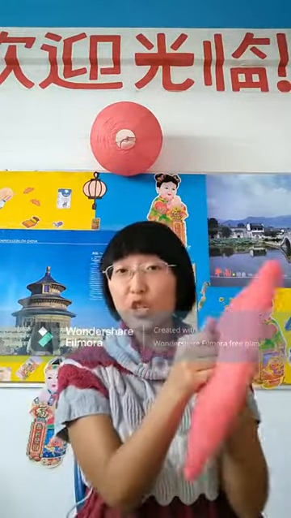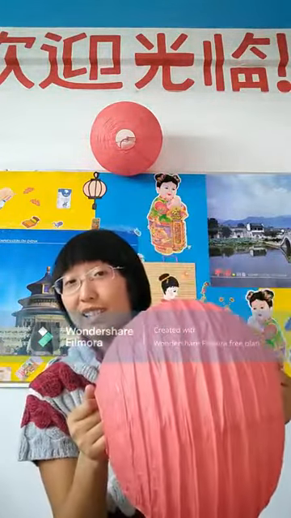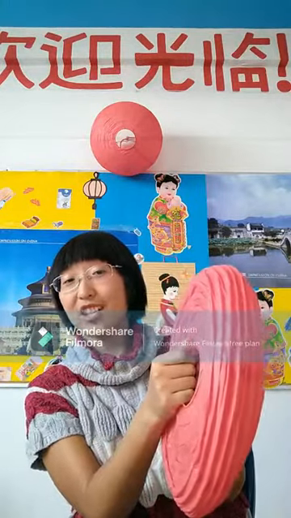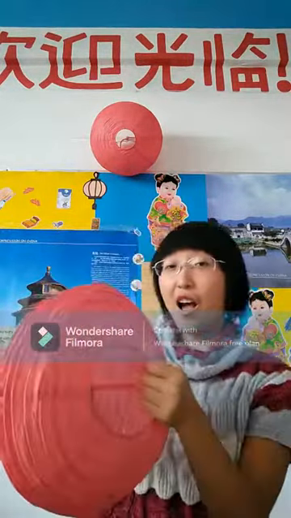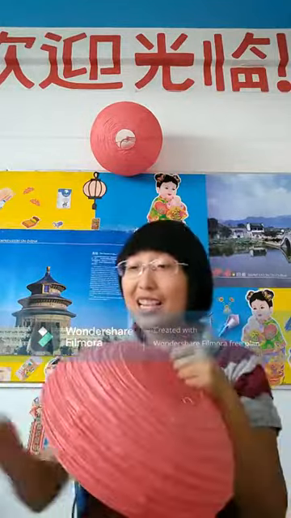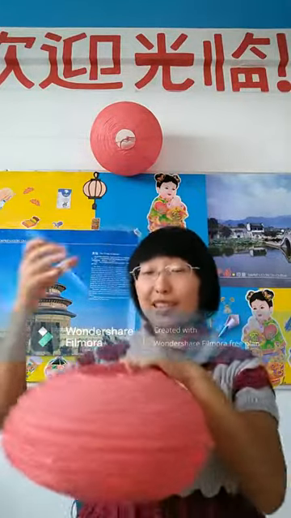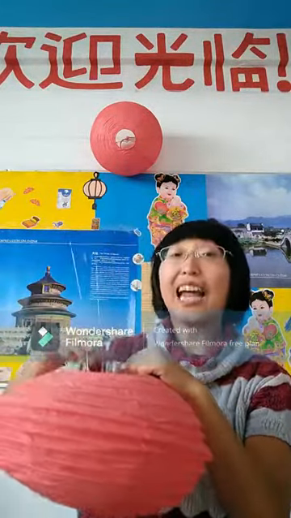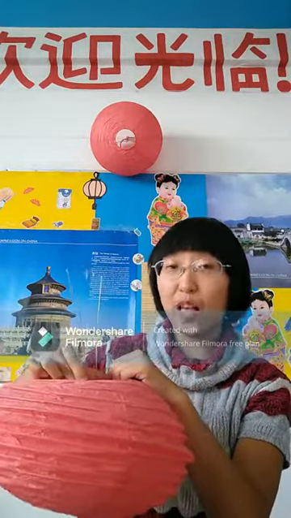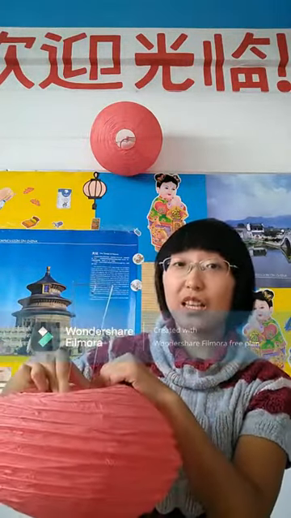So you just need to open it, then the lantern and try to fix this support.